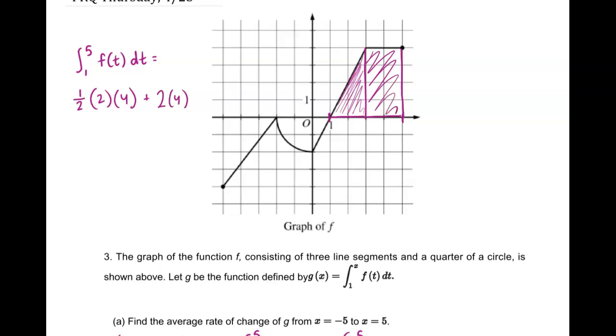So the value of that integral then is, well, 1/2 times 2 is 1 times 4 is 4 plus 2 times 4 is 8. So the value of that integral is 12. Okay, let's leave that for now.